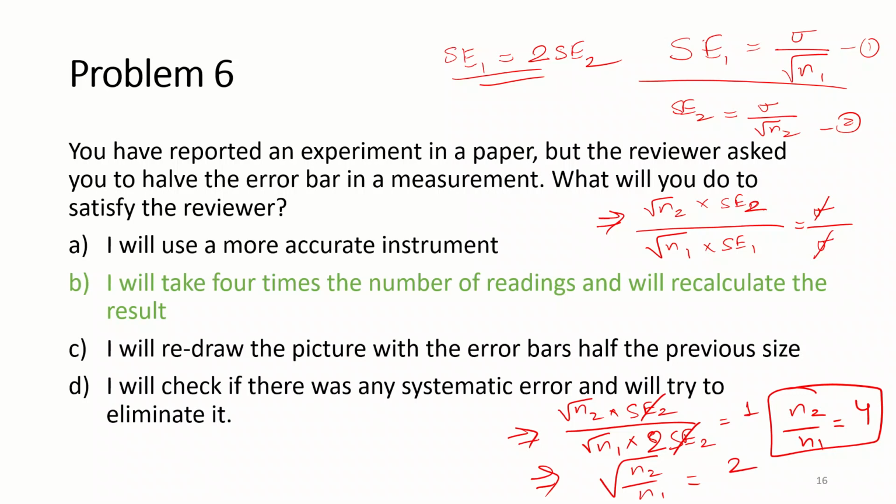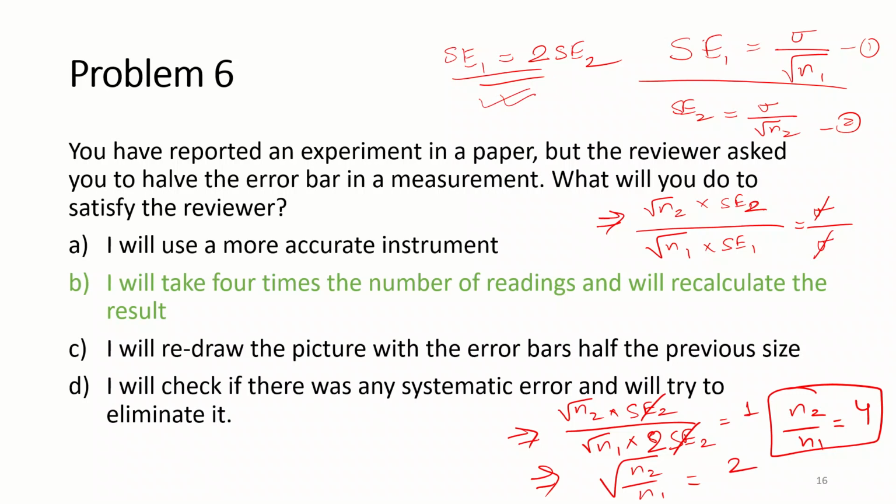So there are two conditions. First, we have a standard error that is double, and the reviewer basically tells you to essentially halve the standard error. So what should you do? Standard error 1 is the condition before, and 2 is the final one. This is given in the question: standard error 1 is equal to double of standard error 2.